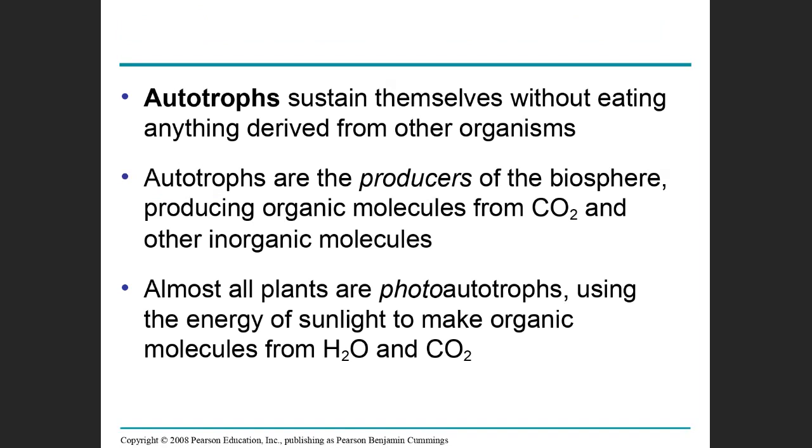So they don't need any other organisms. They just need light and carbon dioxide. And those are photoautotrophs, what we're mostly focused on. There are chemoautotrophs, which don't use light. They use inorganic compounds along with CO2.